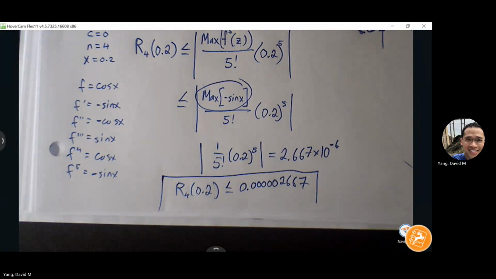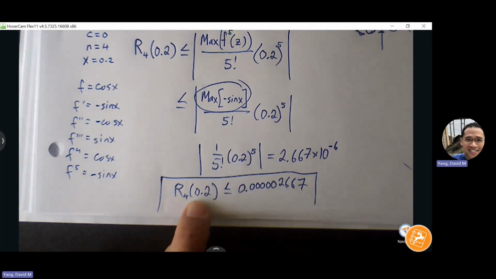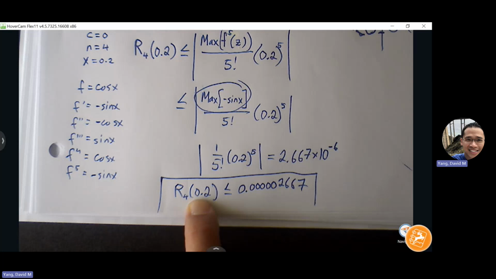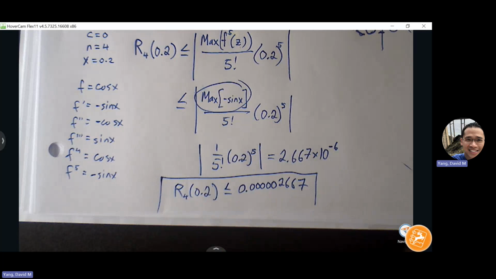So even with a fourth degree Taylor polynomial, we're gaining a really good approximation. Well, partially because we're so close to the center. I mean, we're so close to 0. We know 0 is going to be exact. So 0.2 after 4 degrees is still going to be very, very accurate. Okay. We don't know what the exact error is, but it's okay. All we care about is finding a safe upper bound for our Taylor polynomial.